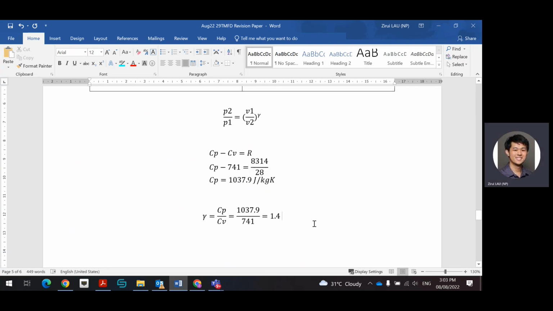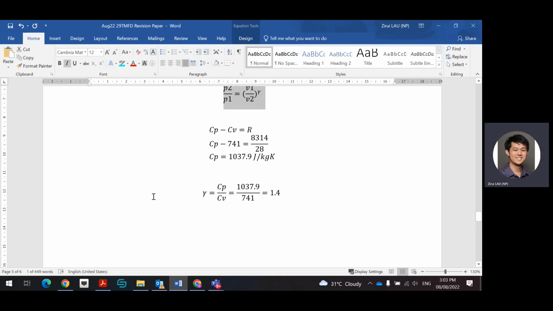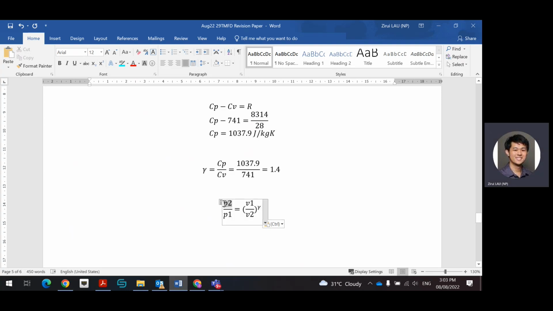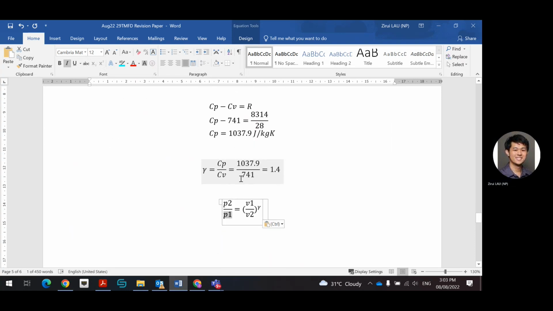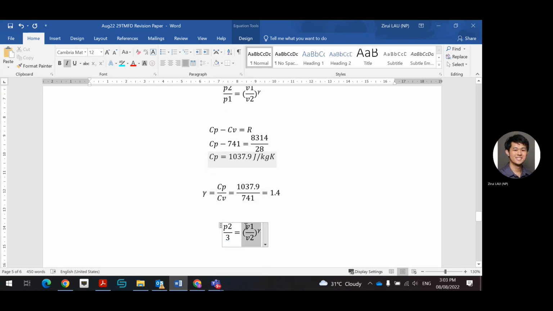And the moment I have gamma, all right, I will apply this one. So what is P2? P2 is unknown. P1 is 3 bar. So we just use 3 bar. V1 is, V2, gamma. Okay, good.